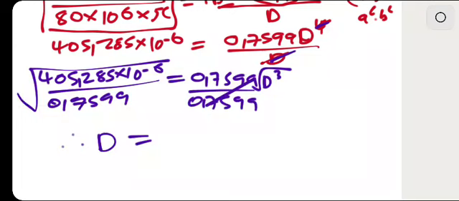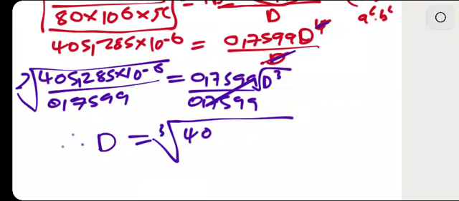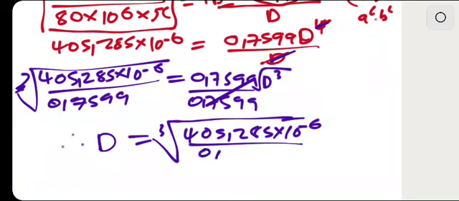As you take the cube root of both sides there, as you can see, 405.285 times 10 to the power of minus 6 divided by 0.7599. Therefore our d will be equal to what?